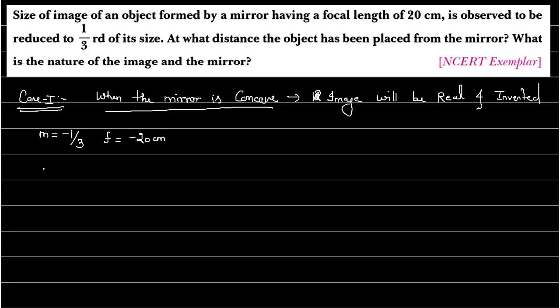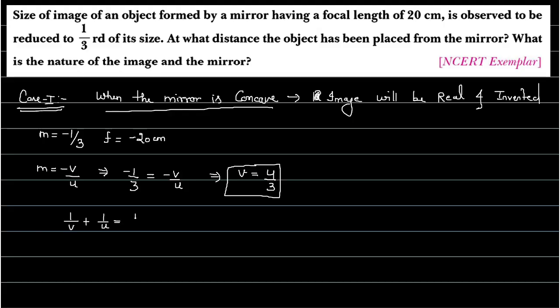Now we know that m is equal to -v/u. So -1/3 equals -v/u, and from here v comes out to be u/3. It is not 4/3, it is u/3. Now we know the mirror formula, 1/v plus 1/u equals 1/f.